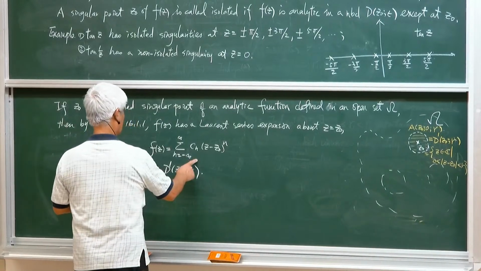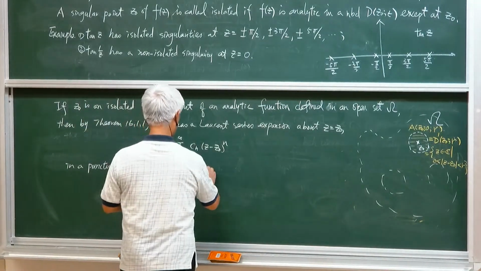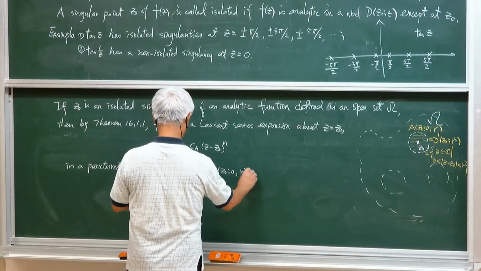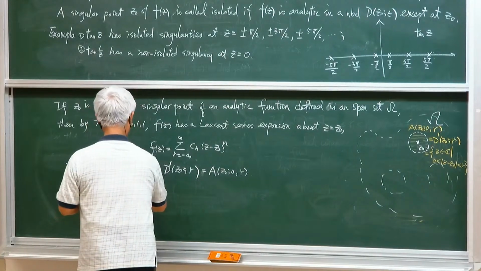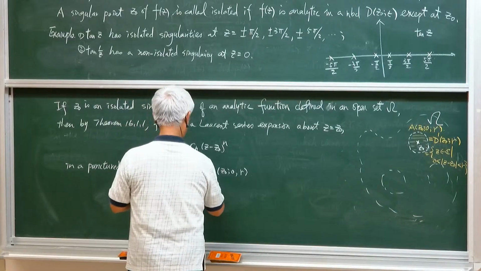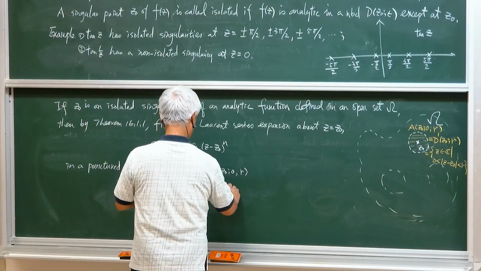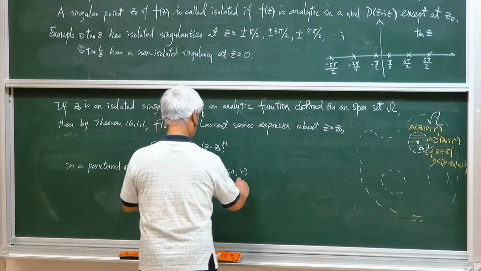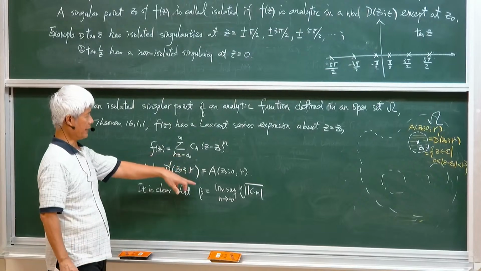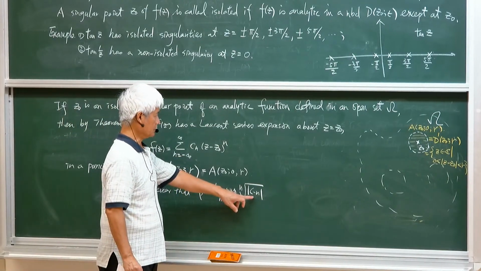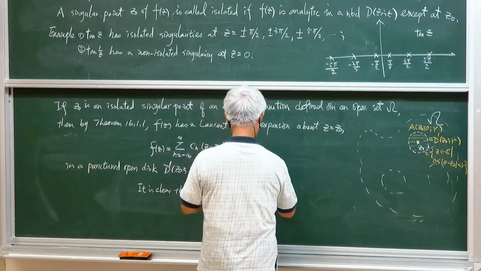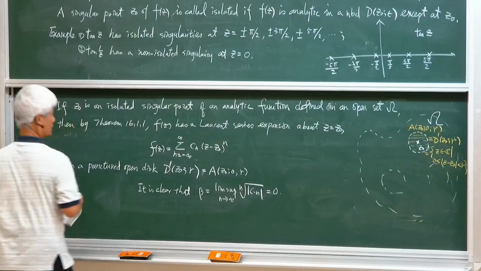And we know this is actually the annulus with z0, 0 and R. So it is clear that beta, the lim sup of the nth root of the absolute value of the coefficients corresponding to the negative powers, must be equal to 0. This is for sure.